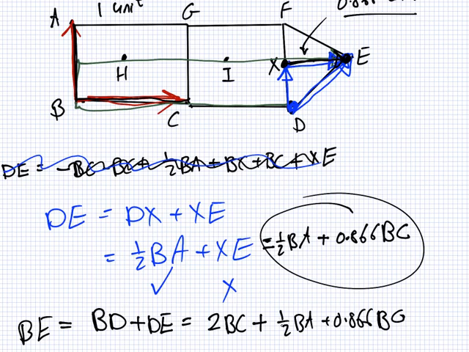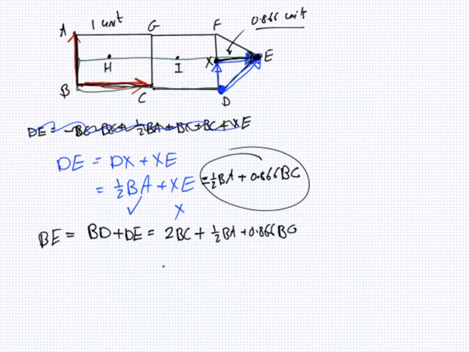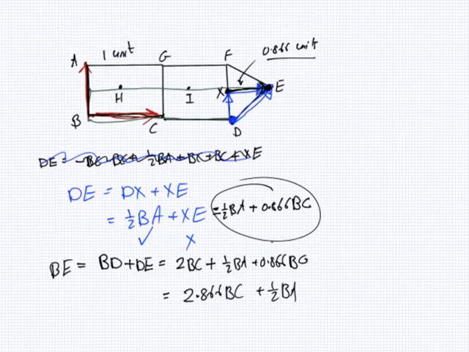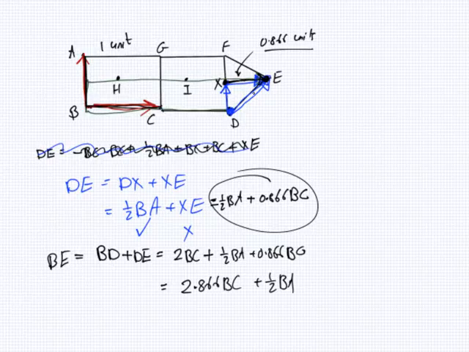Is that okay? 2.866 BC plus a half BA. That's BD. Okay.